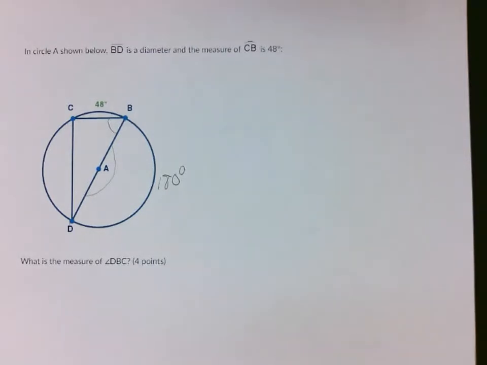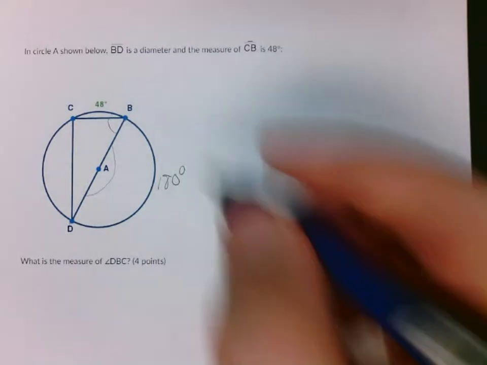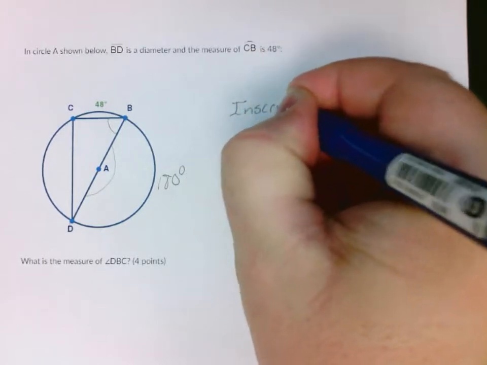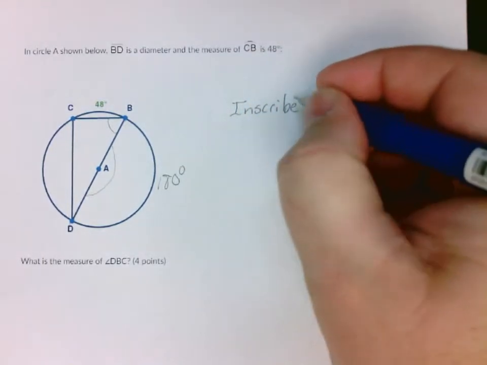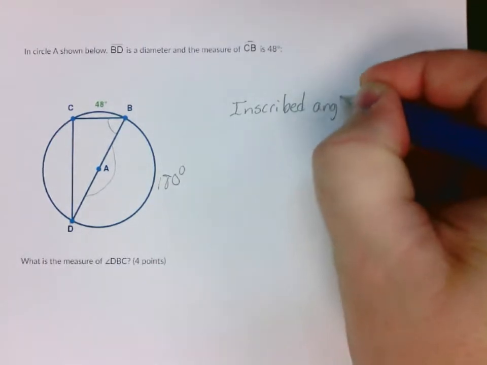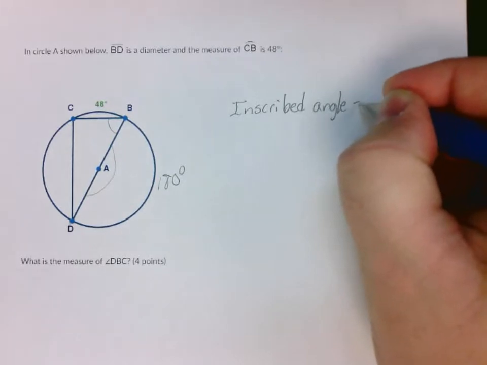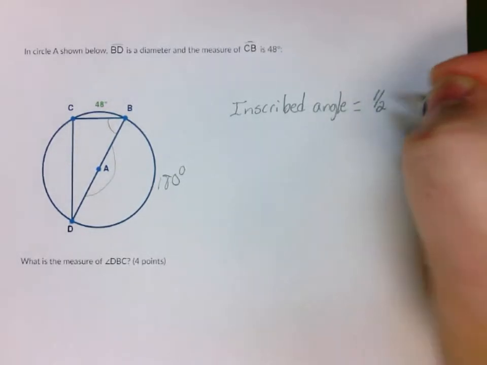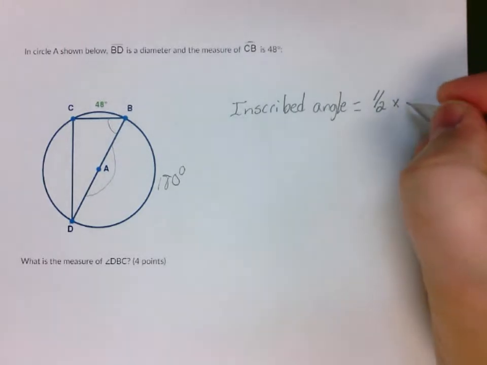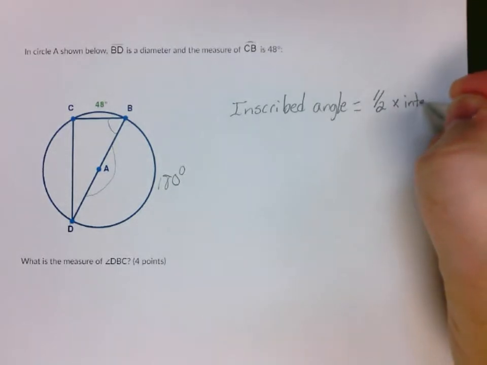Now, there's a couple of things we have to remember. I'm going to write them down here. An inscribed angle equals 1/2, this is one of our theorems or formulas, times the intercepted arc.